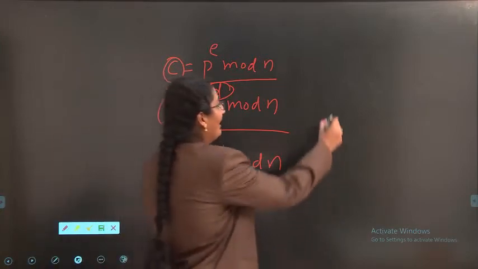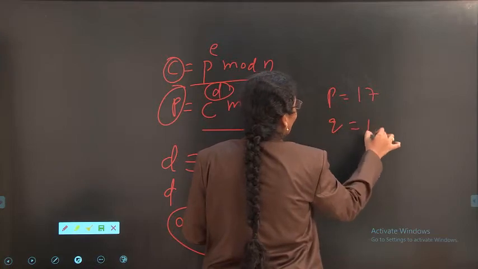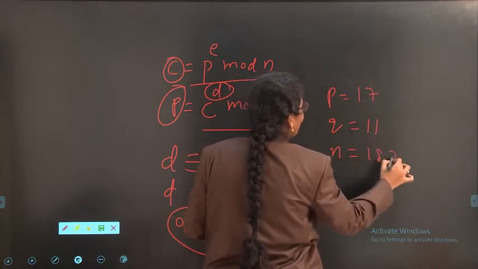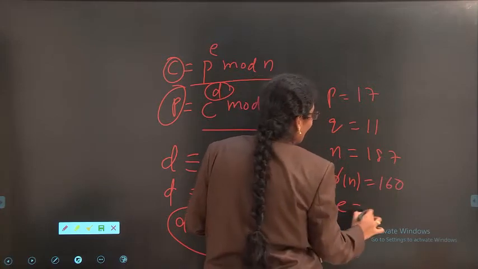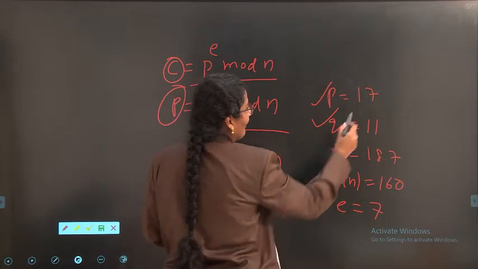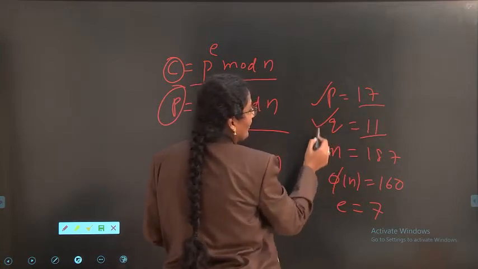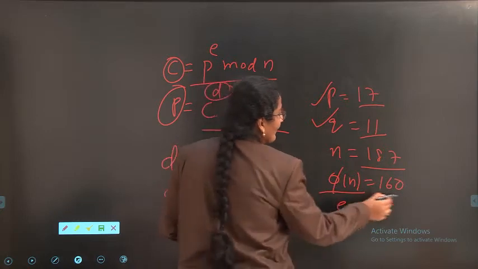So now what do we have? P equal to 17, Q equal to 11, N equal to 187, pi of N equal to 160, E equal to 7. All these we only assumed. P and Q are two large prime numbers, 17 and 11. N equal to P into Q, 187. Pi of N equal to P minus 1 into Q minus 1, 160.